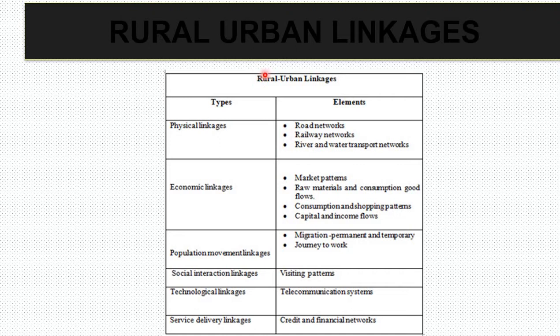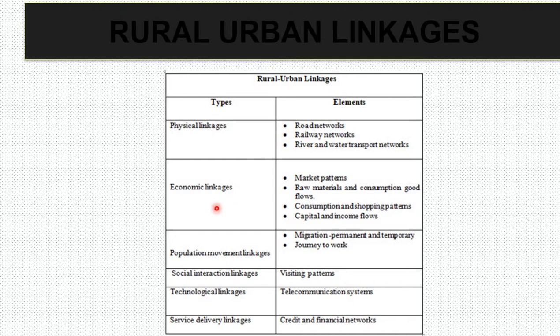Rural and urban connections could be understood by these six following types. The first important linkage is the physical linkages. With road networks, railway networks, river and water transport networks, the physical linkages are built between a rural and an urban area.